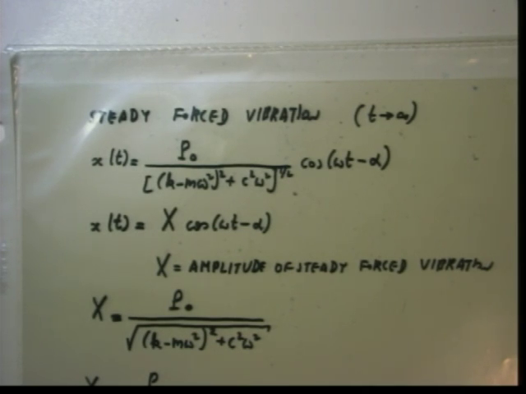Or it is capital X times cosine omega t minus alpha. This capital X is called the amplitude of steady forced vibration. And this X equals this expression.